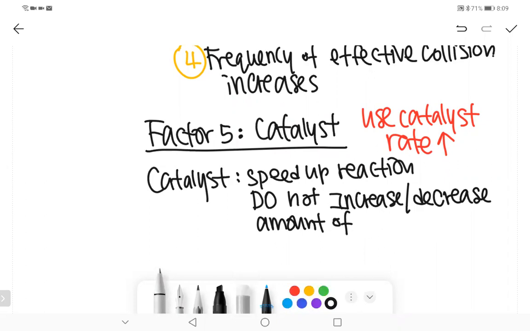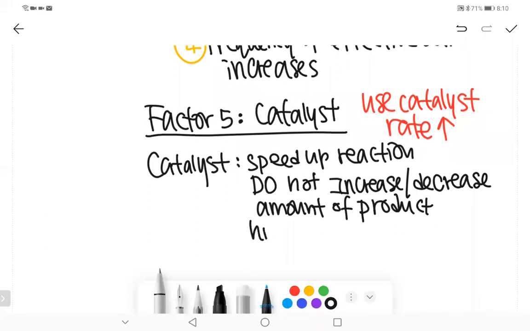Next, you must know catalyst is highly specific. What do we mean by specific?